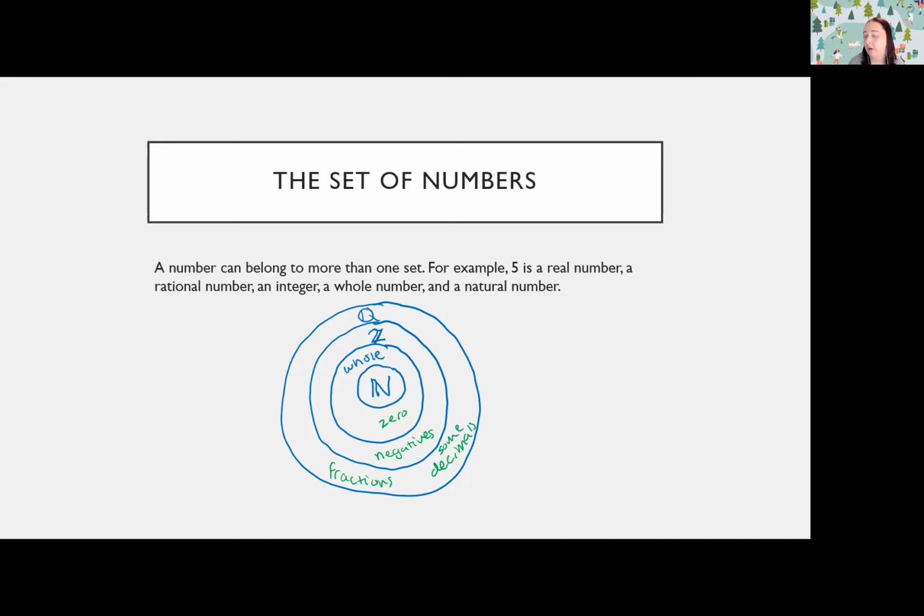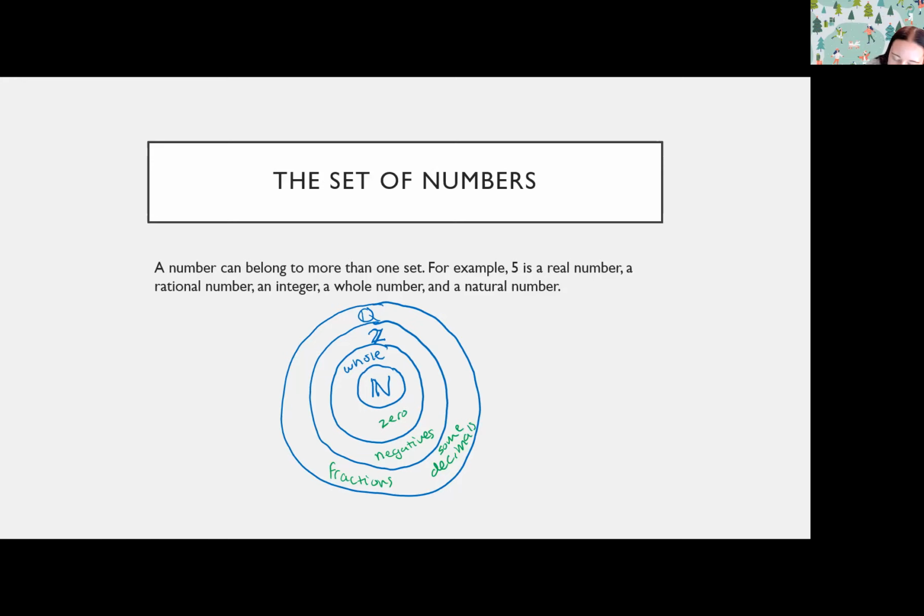Take the number 5 as an example. It's a natural number, a whole number, an integer, and a rational number, because 5 would be in the innermost circle under the natural numbers. And because that's inside these other categories, it's also one of these other categories.